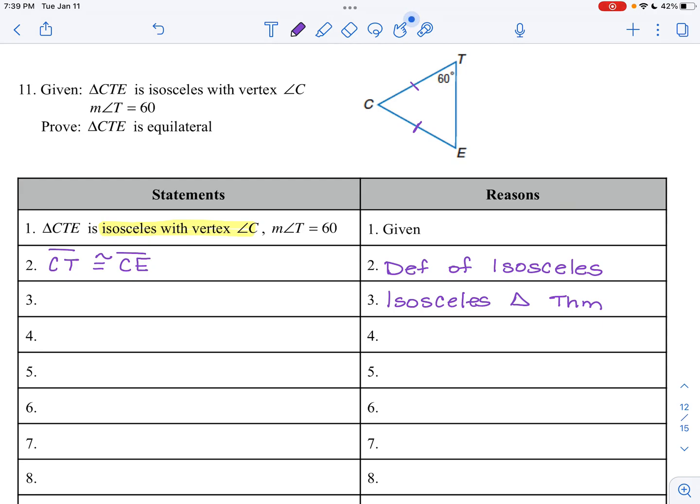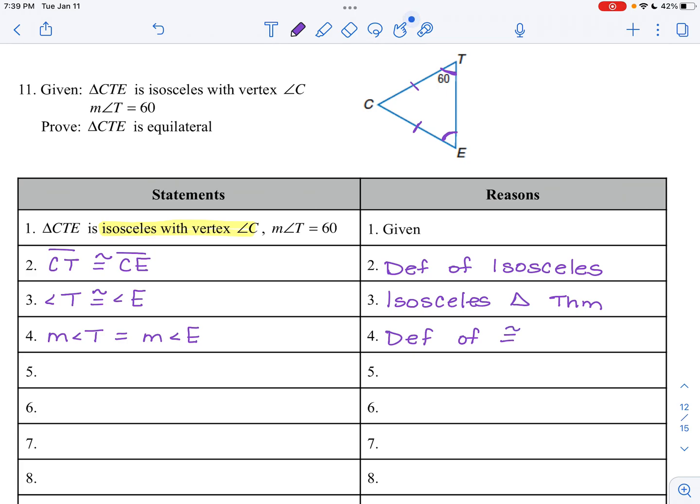Those are the base angles, which in this picture are angles T and E. So for my third statement, I'm going to say angle T must be congruent to angle E. If angles T and E are congruent, then they have the same measure. So the measure of angle T equals the measure of angle E by the definition of congruent.